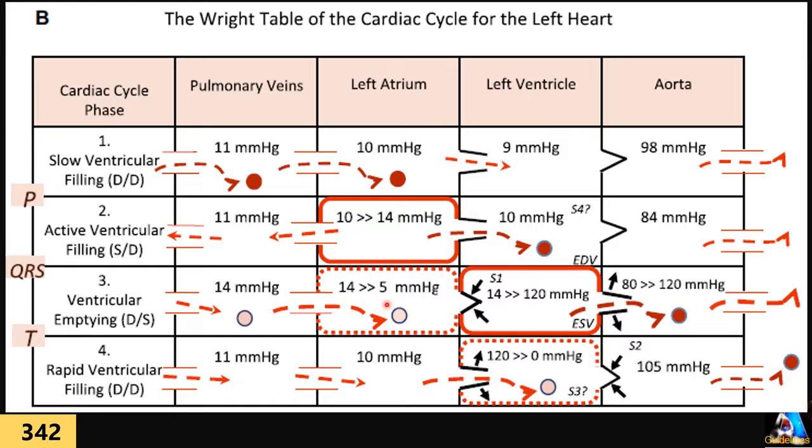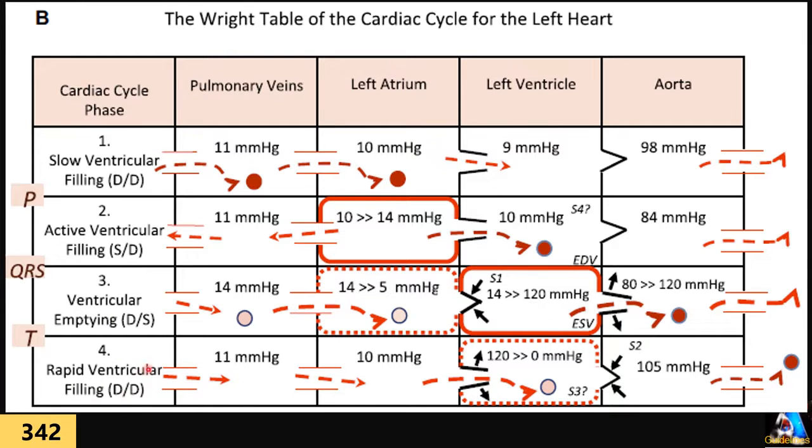That is the reason the left atrium becomes filled up during the systolic phase. But since the mitral valve is closed, no blood goes to the left ventricle, and not only that, pressure in the left ventricle is high. This systolic pressure goes over the diastolic pressure of the aorta, so the aortic valve opens and blood goes to the aorta.